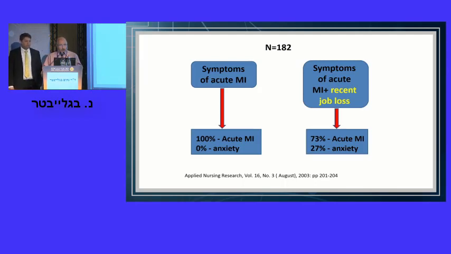Now, when a small piece of information was added, that except for chest pain and sweating, the guy lost his job lately, almost 30% of the nurses diagnosed anxiety, and instead of calling the internist, called the social worker or the psychologist.